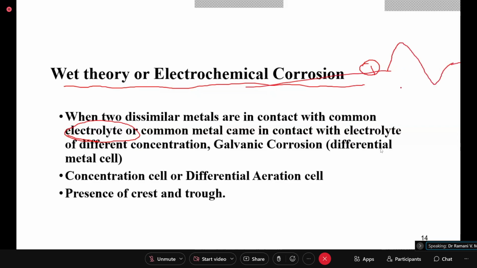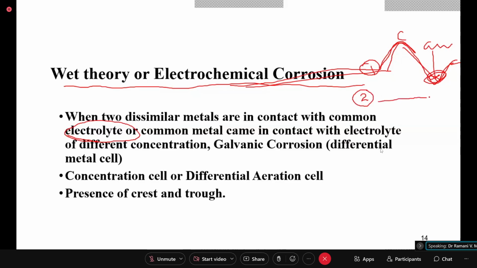Like this is the surface of the metal, then this part is exposed to a greater concentration of oxygen and this part to a lesser concentration. So this part is somewhat stressed and this becomes anodic. So crest and draft lead to formation of anodic and cathodic areas, and once the anodic and cathodic areas are formed, it will undergo corrosion.